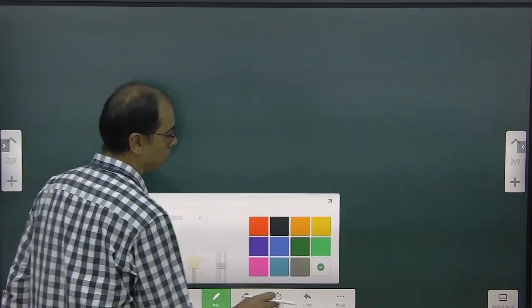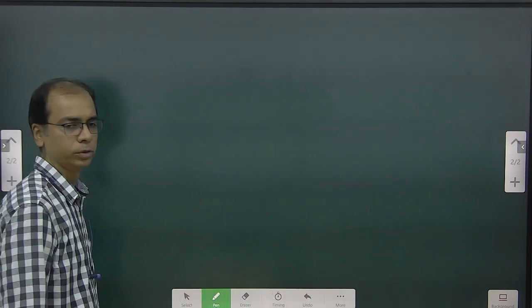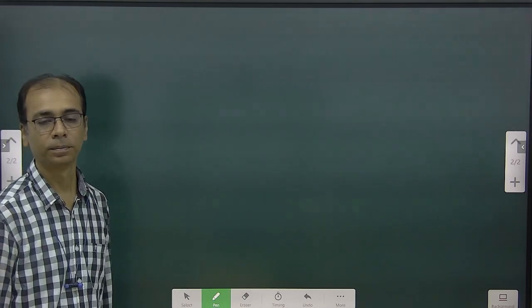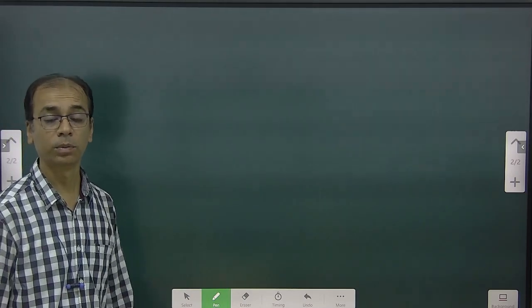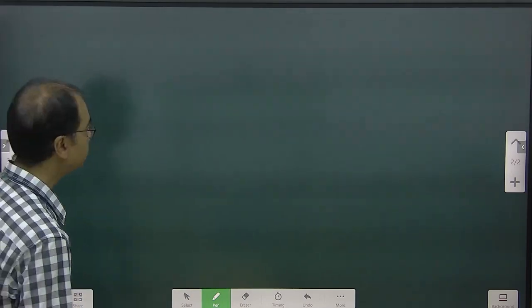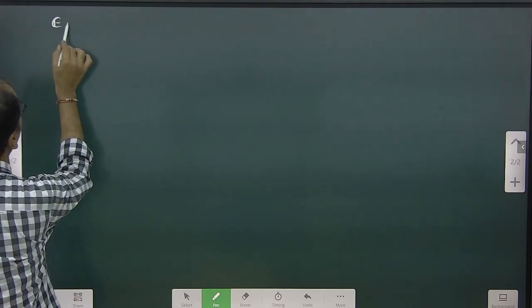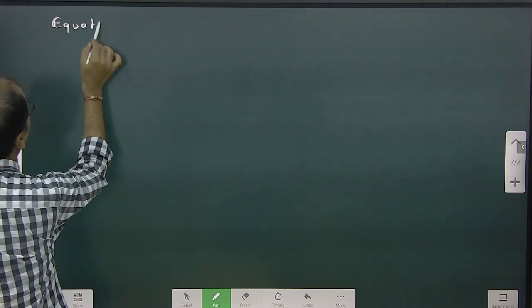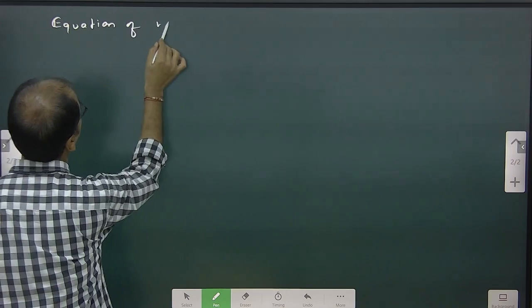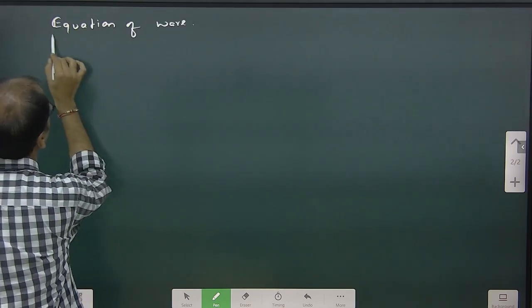Alright. So all the particles are doing SHM, and the position of each particle is different. Now I want the equation of the wave. What is the equation of a wave? Before also we have found equations.